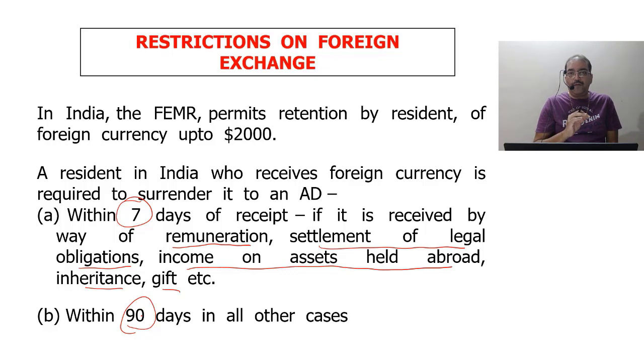But suppose I don't have any other use of that, then that amount that has been taken by me and remained unutilized for the purpose for which it was taken or for any other purpose has to be returned back to the AD within 60 days of acquisition.